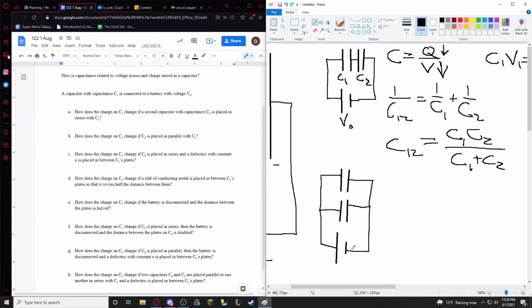So, for example, we gain voltage across the battery, we lose it across this capacitor, and we come back to the start. Or we can do this loop here. So essentially, the voltage across the two capacitors is the exact same, and it's still that exact same value as before we actually connected the second capacitor. So the voltage doesn't change, and the capacitance of C1 hasn't changed. Therefore, the charge has to stay the same.